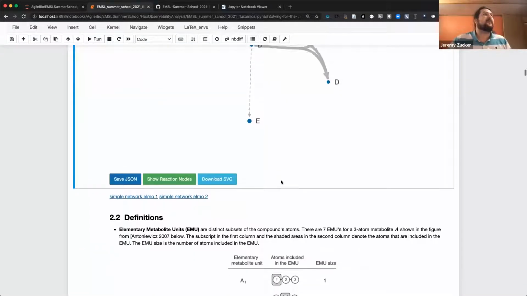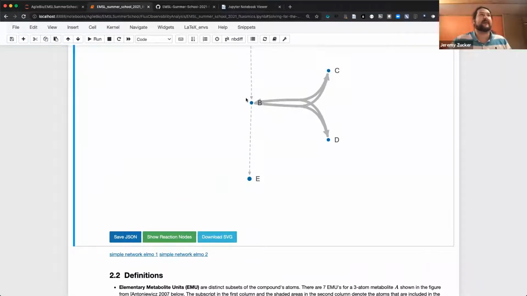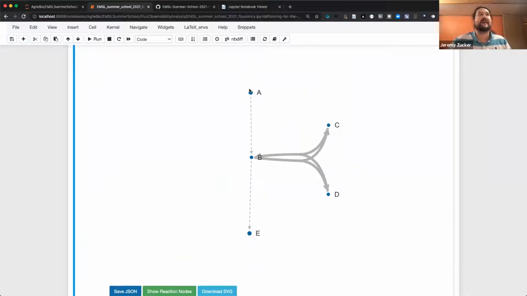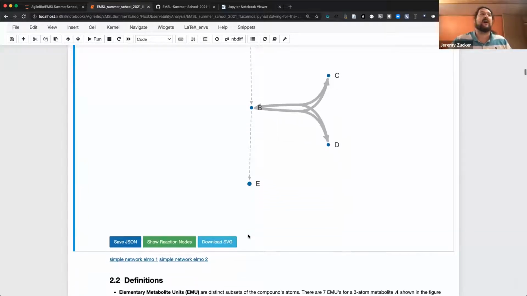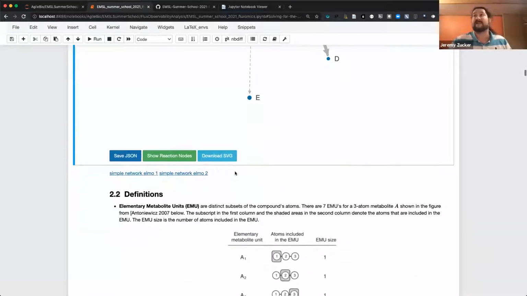But at B, things start to mix. If I have an initial metabolite tracer here, then when it goes here, it gets scrambled, and when it comes back, that scrambling gives you a clue as to how much flux must have been coming through here relative to this flux going here. That's going to be the key to being able to disentangle this.